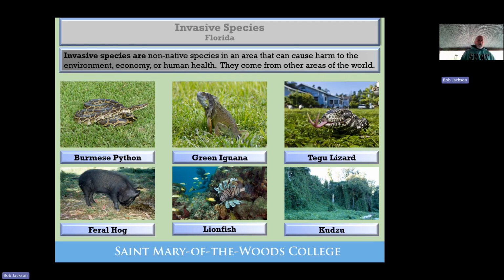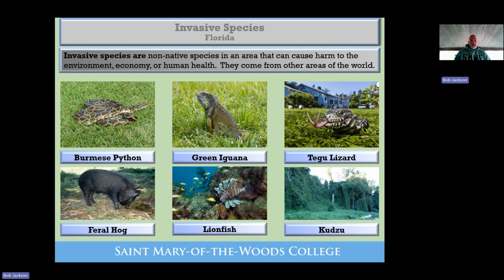Okay, here are invasive species in Florida that are not native there, but you can certainly find them in numbers now. There are all kinds of pythons down there now from people releasing them, both Burmese pythons and ball pythons, iguanas, and several different types of lizards, actually.